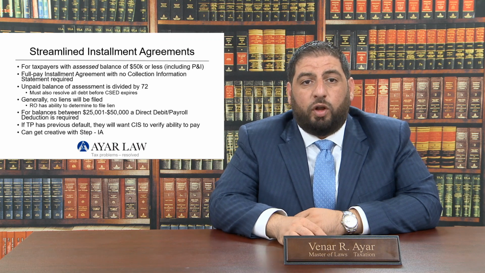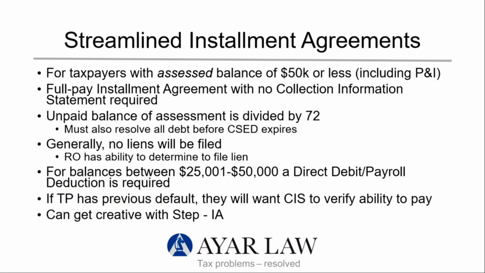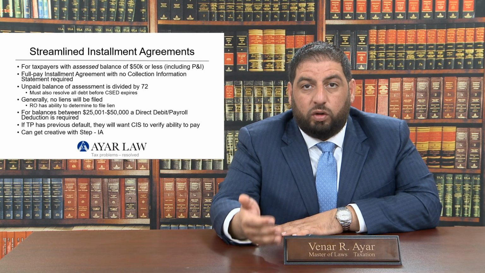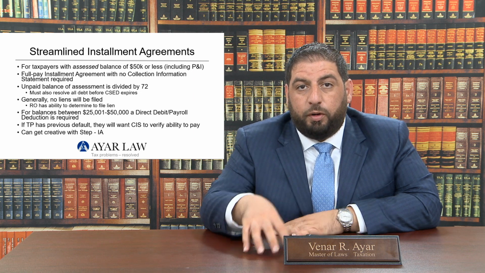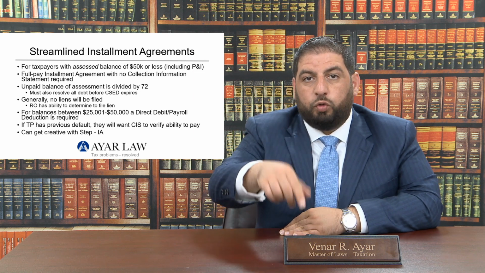Now, the second type of installment agreement is called a streamlined installment agreement. This is for taxpayers who have an assessed balance, including the assessed penalties and interest, of $50,000 or less. What I mean by assessed is balances that have posted to the taxpayer's account. Penalties and interest accrue for a period of time, and then they post periodically.